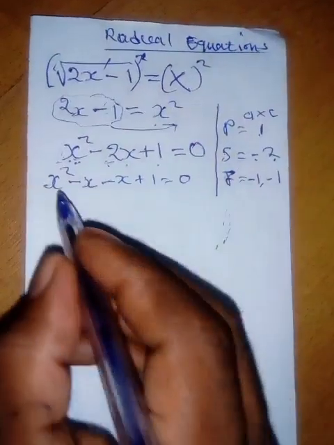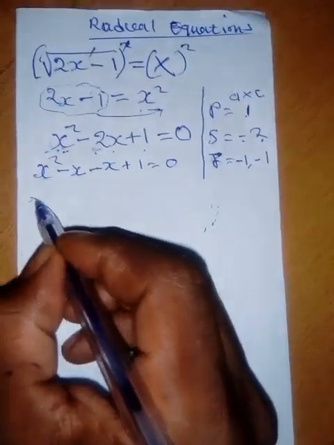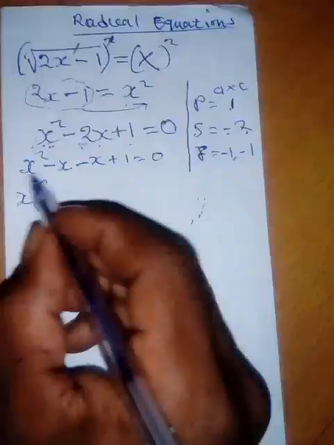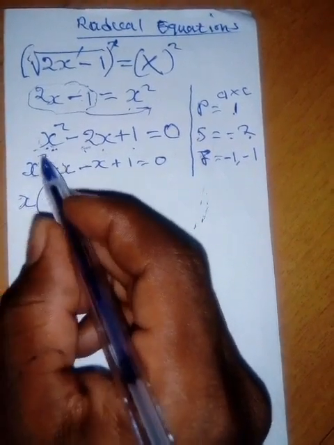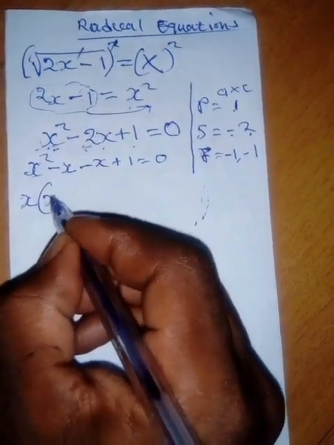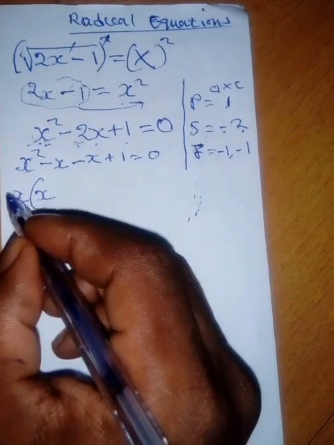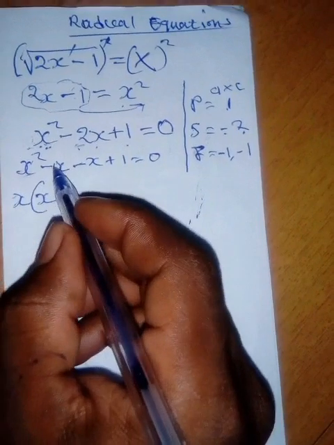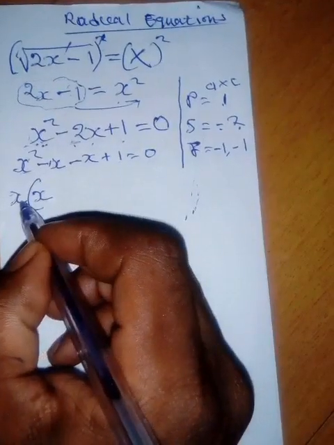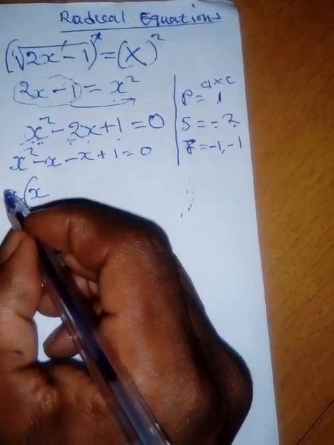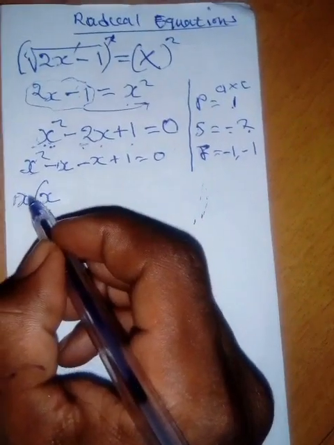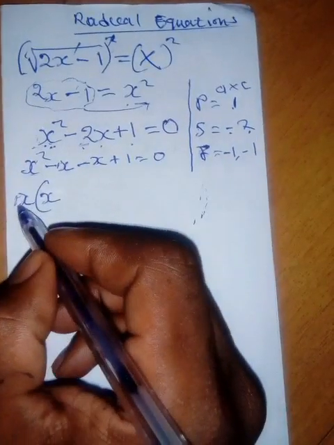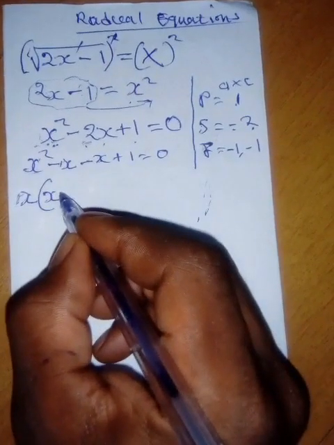Here, what is common is x, so I'll factor it out. Here there are 2x, so when we remove 1 out of these 2, we remain with 1. The coefficient here is 1 and here is 1, so this x and this x cancel. Negative 1 divided by negative 1 gives us positive 1.